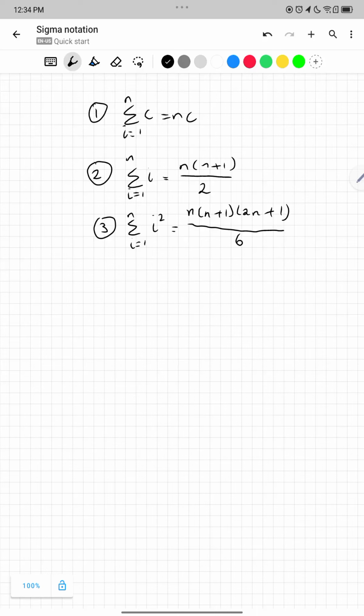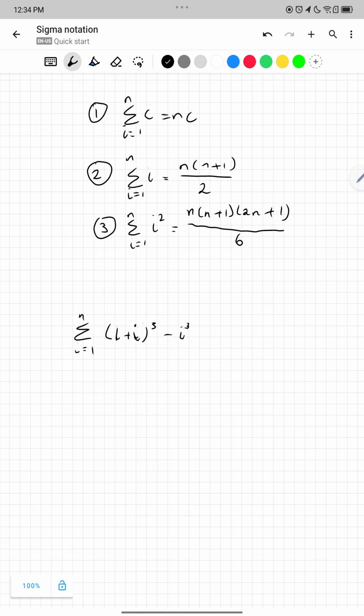In the telescoping method, we're going to have something like this. So summation of (1 plus i) all cubed minus i cubed, right?